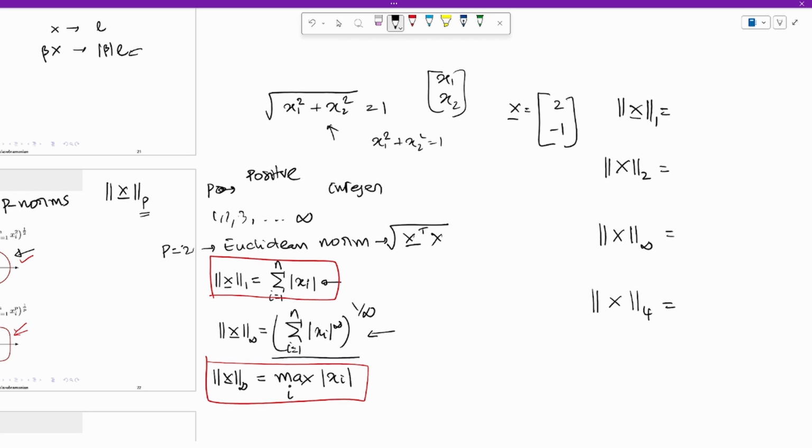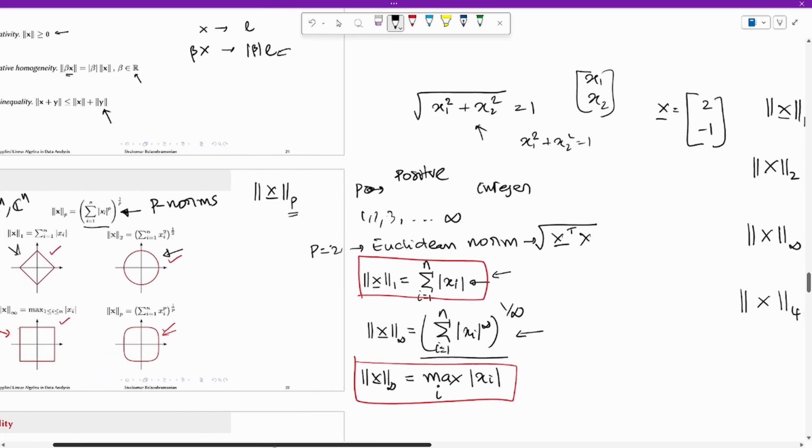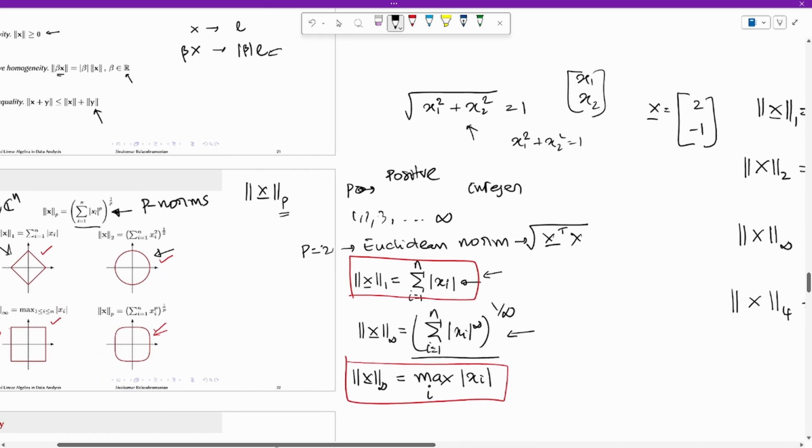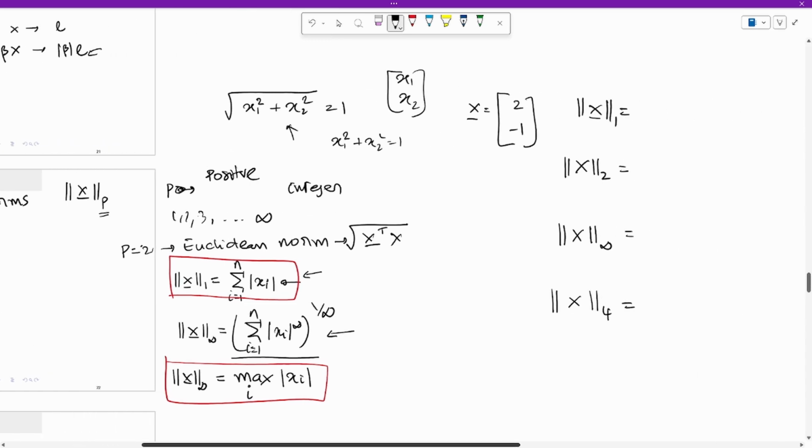What is the 1 norm? Go back to the definition and compute it from there. When p is 1, yes, 2 plus 1. That's 3.